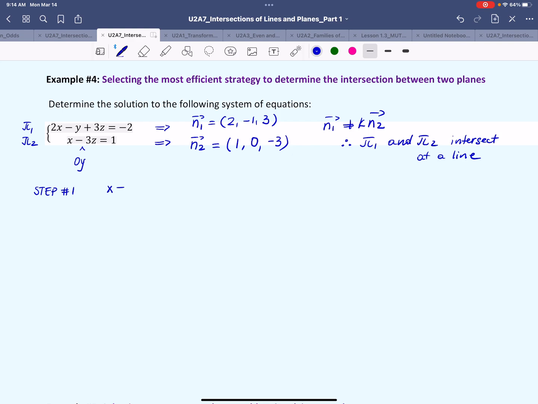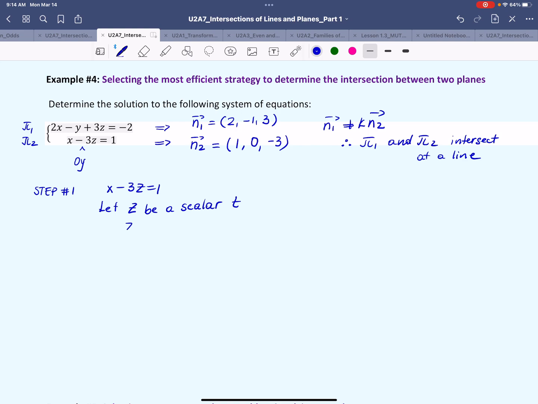So we'll start off with x minus 3z equals 1, and let z be some scalar. Remember that you can choose either x or z to be given a scalar value, and I'm going to choose t.